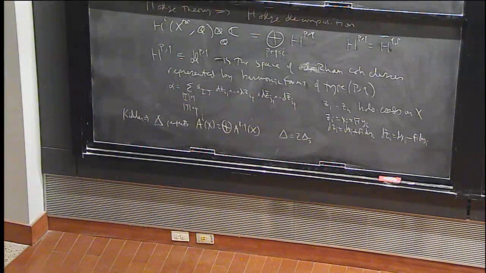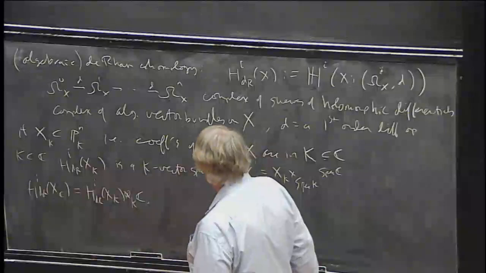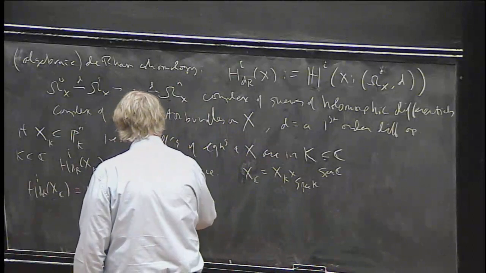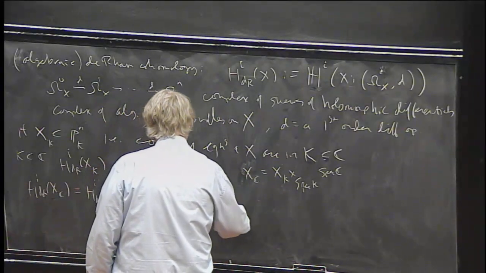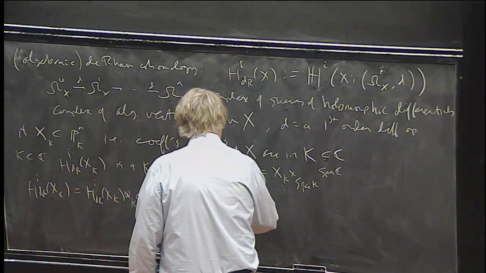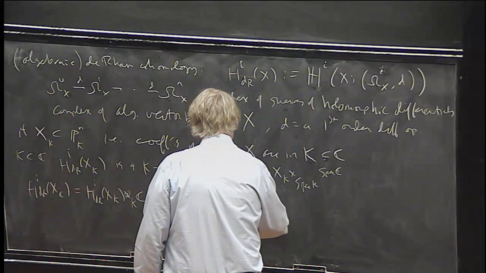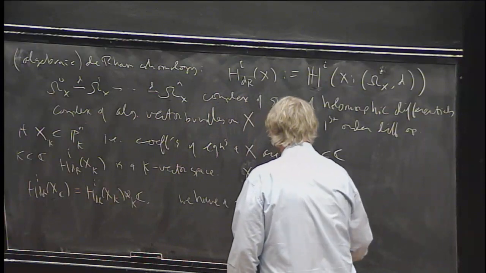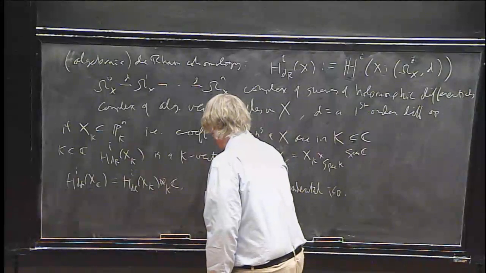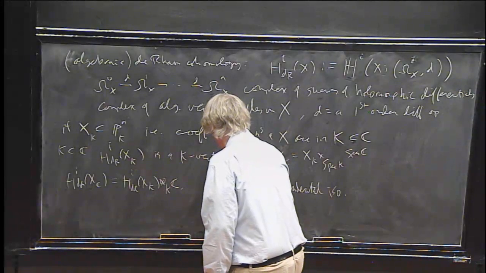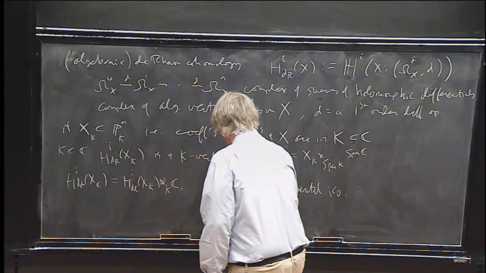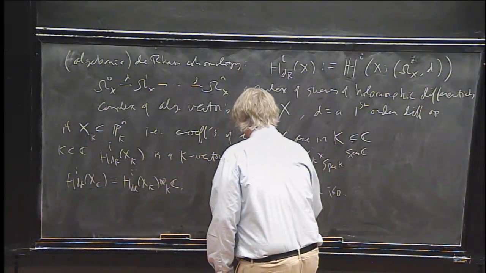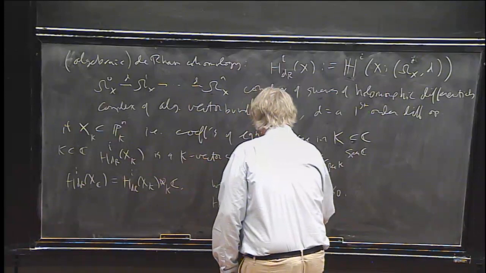Okay, so I guess the first thing to say is that we have a transcendental map. We have what we'll call a transcendental isomorphism, which is the complex de Rham cohomology isomorphic to the topological cohomology.